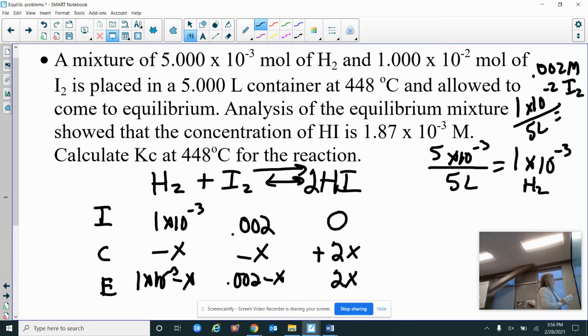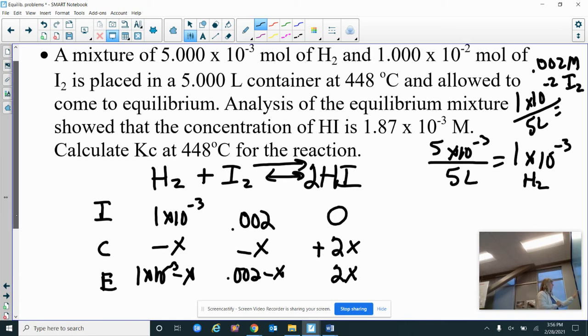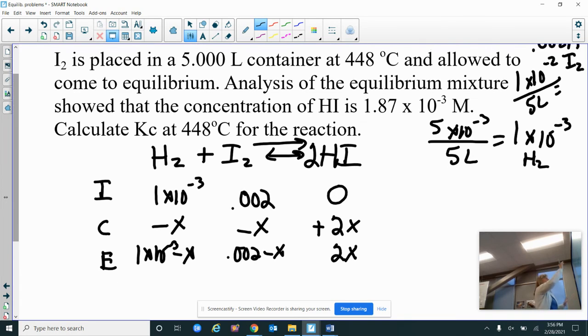It also tells us that the concentration of HI is 1.87 times 10 to the minus third at equilibrium. So right here, I can plug in the 1.87 times 10 to the minus third. Now, once again, same type of problem as the last one.